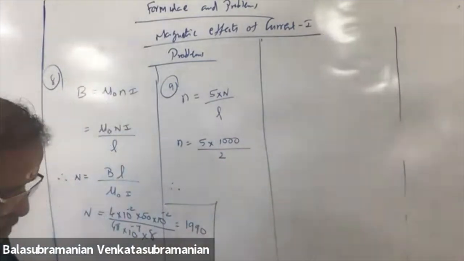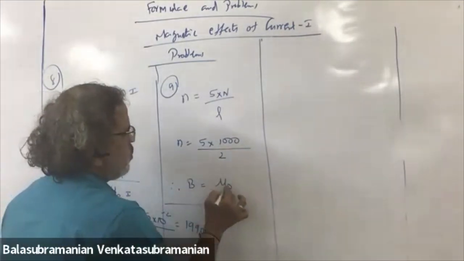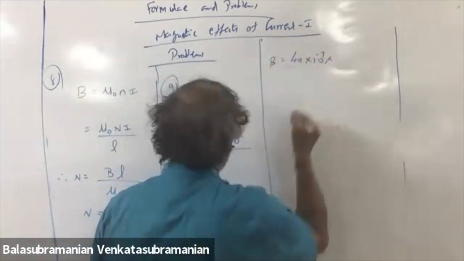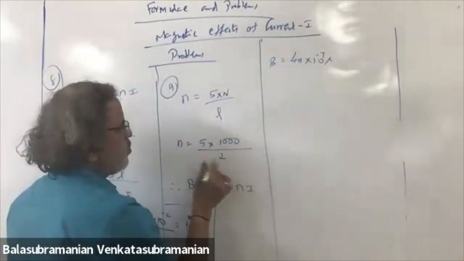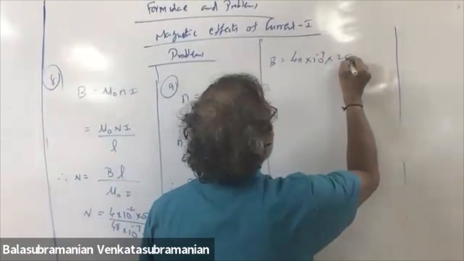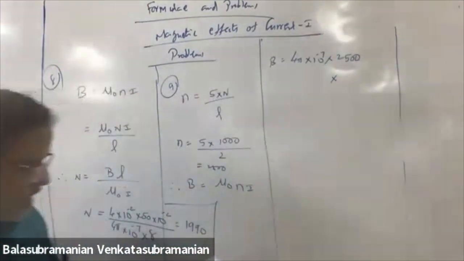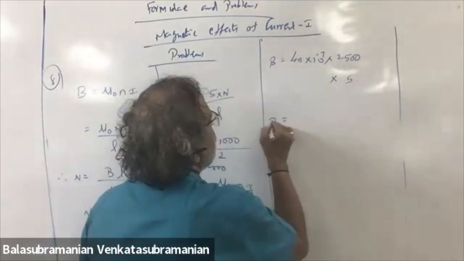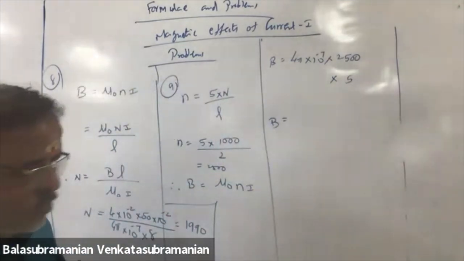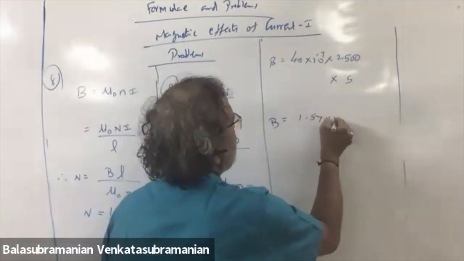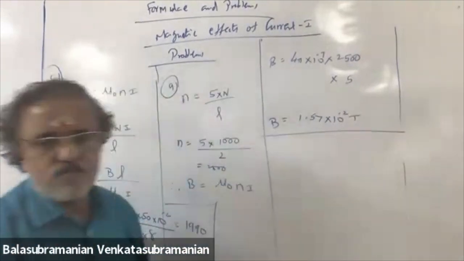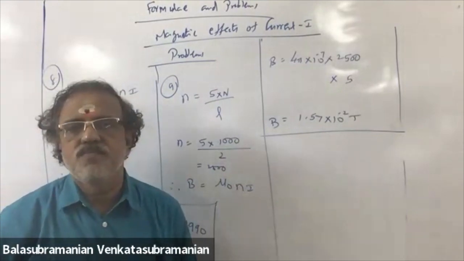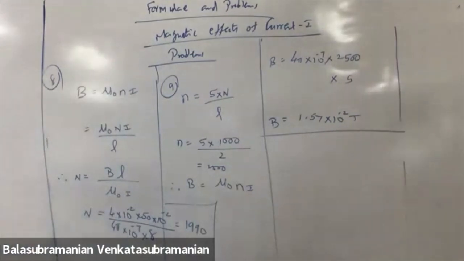Therefore, B is equal to mu naught nI, 4 pi into 10 power minus 7, 5000 by 2, that is 2500, into the current given here, 5 ampere. Multiply, the final answer is 1.57 into 10 power minus 2 Tesla. Okay, fine.